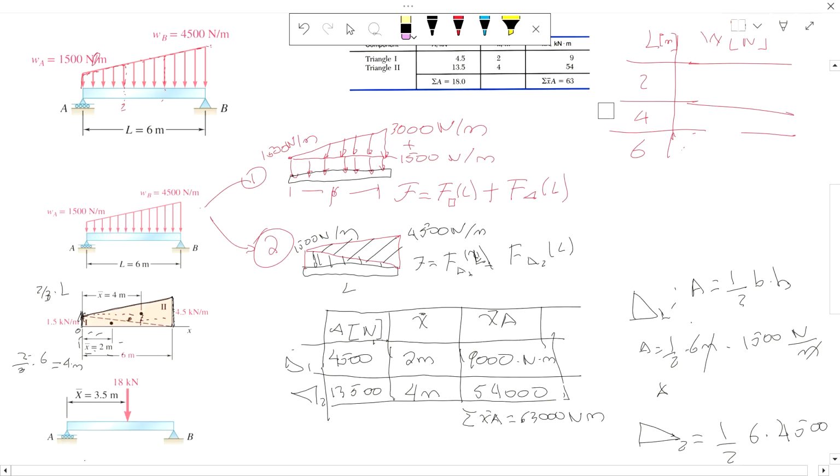So this force right here is whatever I got, 10,500. So at that point, if you were to put a force sensor, you get a local force of 10,500 newtons.